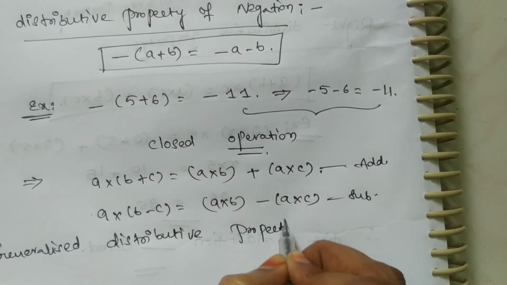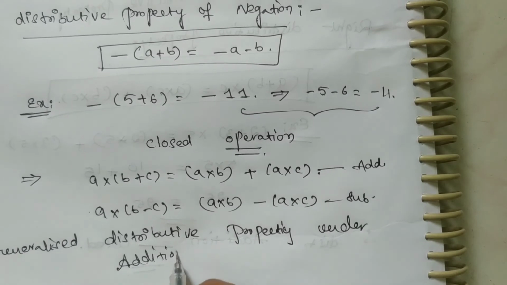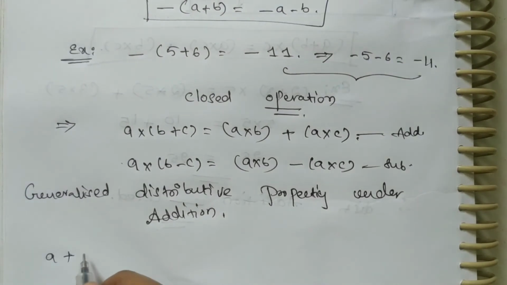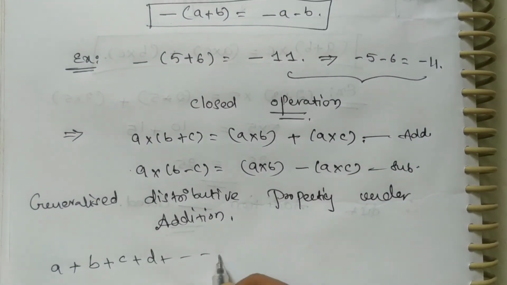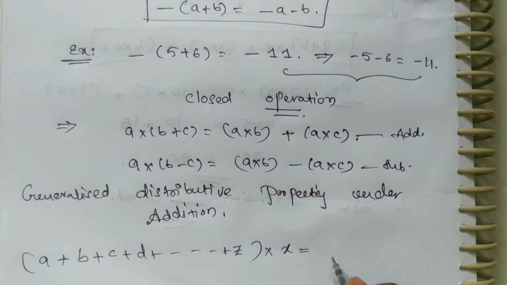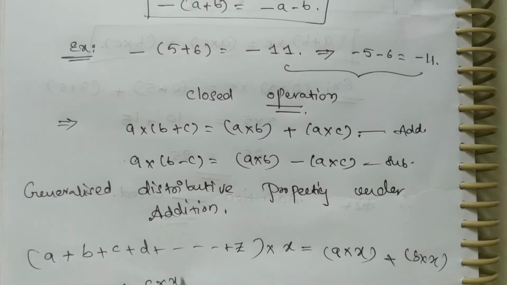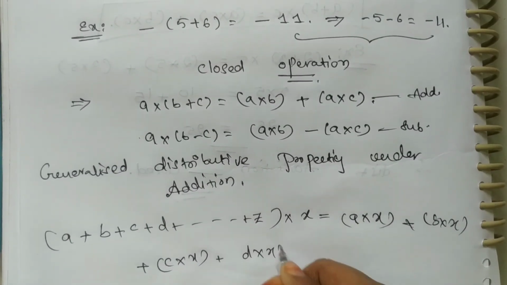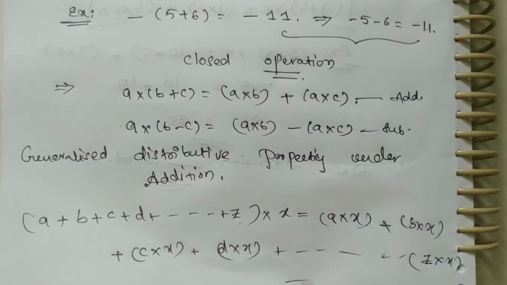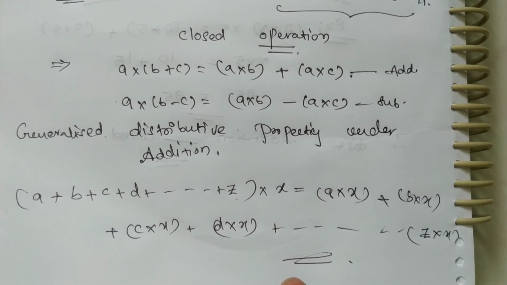The generalized distributive property under addition can be written as (A + B + C + D + and so on up to Z) × X, where I am taking this X. That is equal to A × X + B × X + C × X + D × X + and so on, finally Z × X. So this is called the generalized distributive property on addition. So this is also a closed operation.